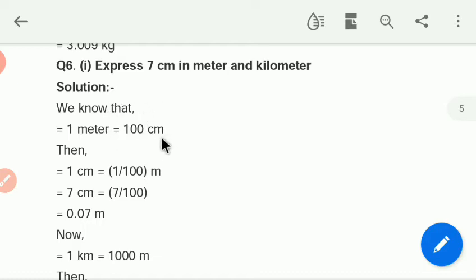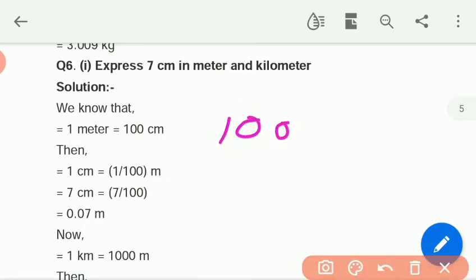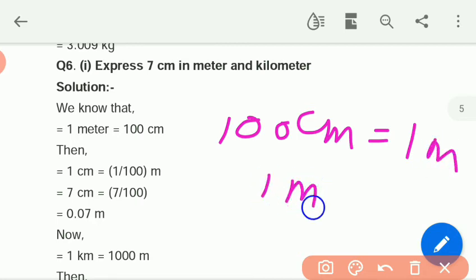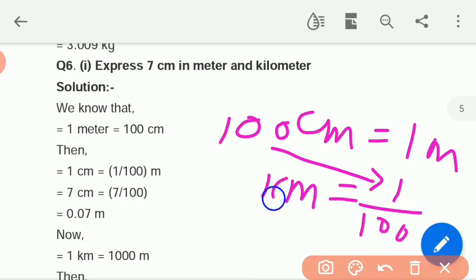It means we have to change from smaller to bigger unit. And we know that if we want to change from smaller to bigger unit, we always divide. So 1 centimeter will be equal to how many? 1 upon 100 meter. Or you can see that here 100 centimeter is equal to 1 meter. So 1 meter will be equal to, this 100 will come in denominator, 1 upon 100. 1 centimeter will be 1 upon 100 meter.